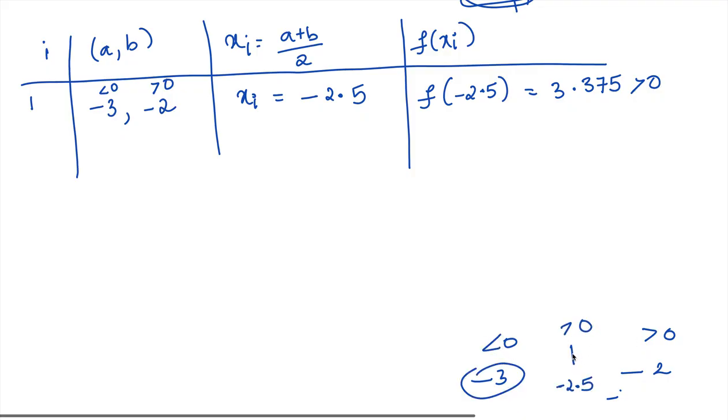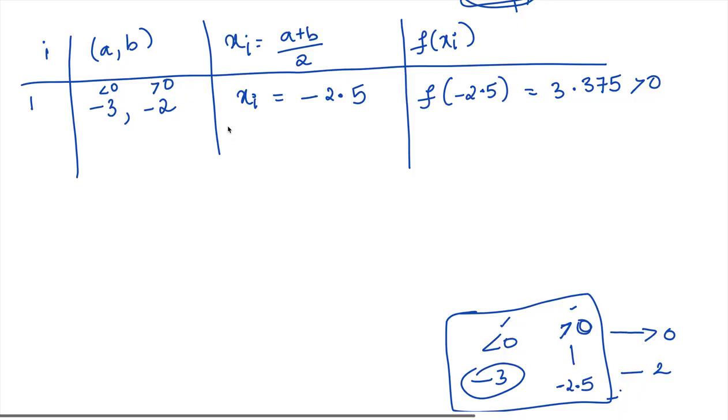So we know that the root lies where f of a into f of b should be less than 0. So this is giving us less than 0, this is giving us greater than 0. So we'll neglect this interval and we'll consider this interval, because we are again getting something which is giving us greater than 0. So all these intervals also would give us greater than 0 only.